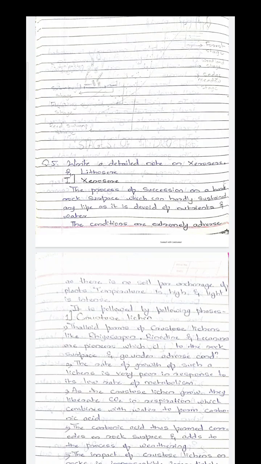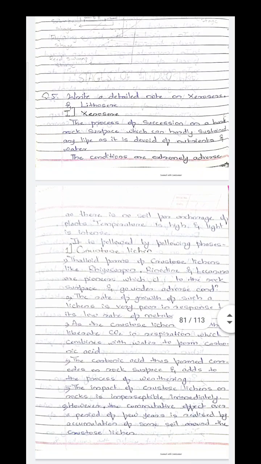The conditions are extremely adverse as there is no soil for anchorage of plants, temperature is high and light is intense. As you know, if a plant starts its community on the rocks in xeric conditions, there will be very adverse climatic conditions.